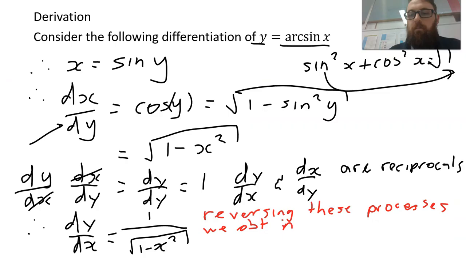Reversing these processes, we obtain the integral of 1 over the square root of 1 minus x squared dx is equal to arc sine of x plus c. All right, so we've shown it one way. If we do it the opposite way, we've shown this. So yep, that's our proof.